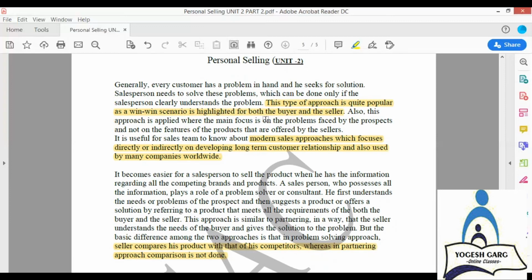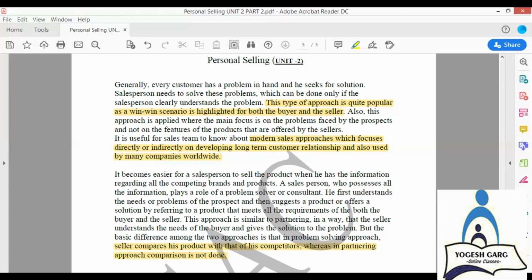The main focus of the prospect is to understand the features of the product, and whatever the seller is offering is the main focus of the company and the salesperson. It is useful for the sales team to know this modern sales approach, which focuses directly or indirectly on developing long-term customer relationships and is also used by many companies worldwide.